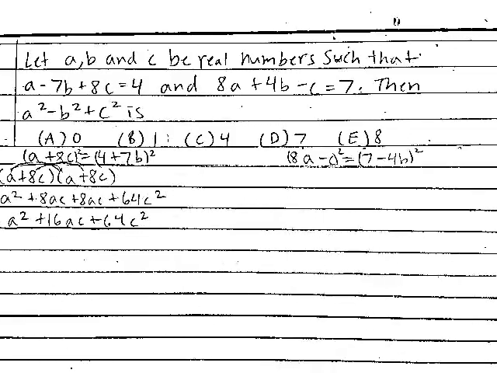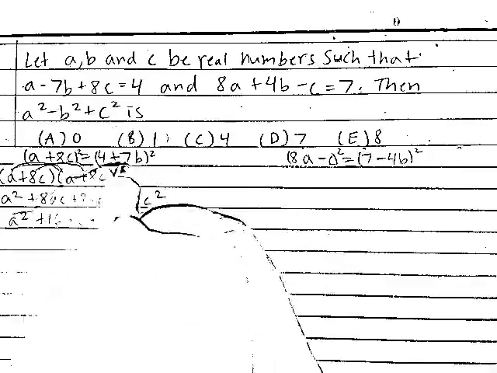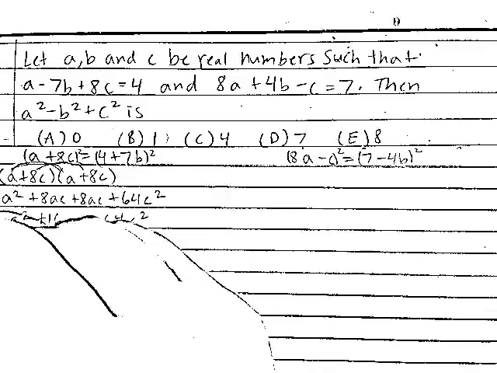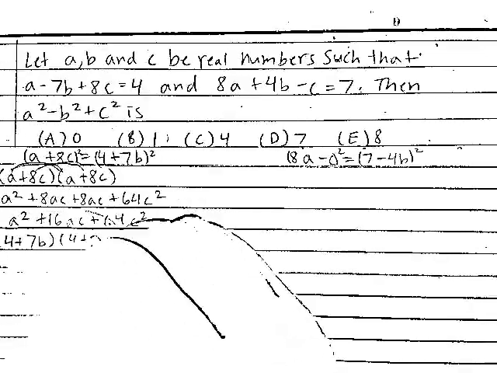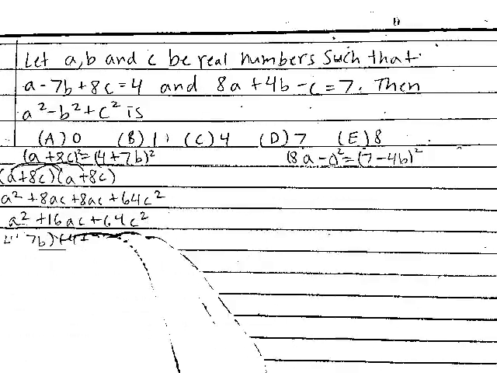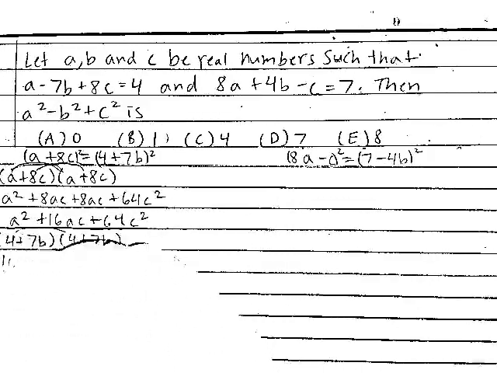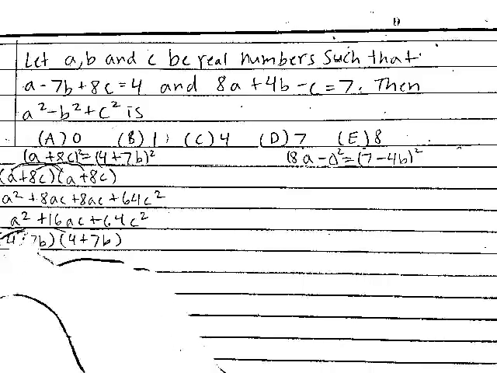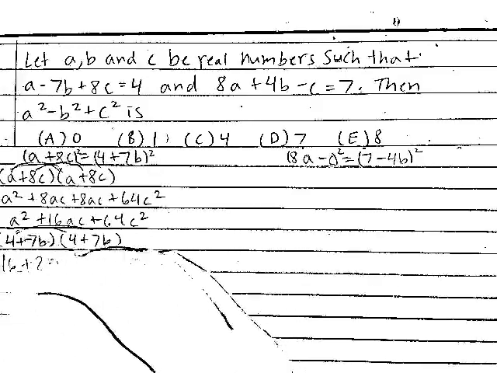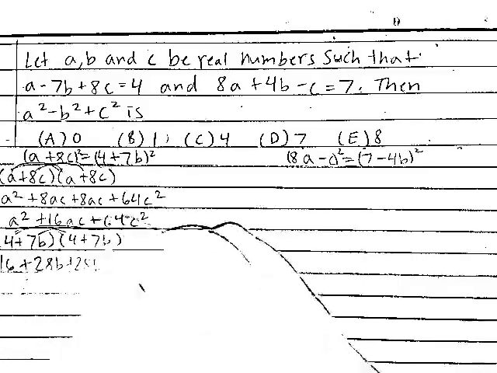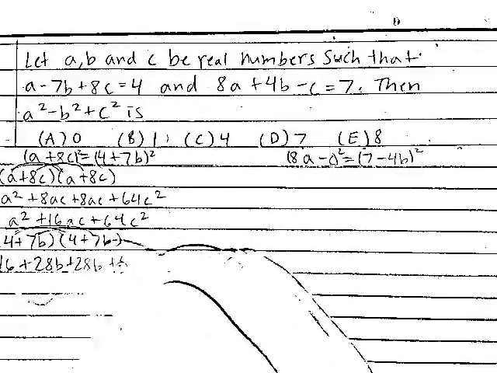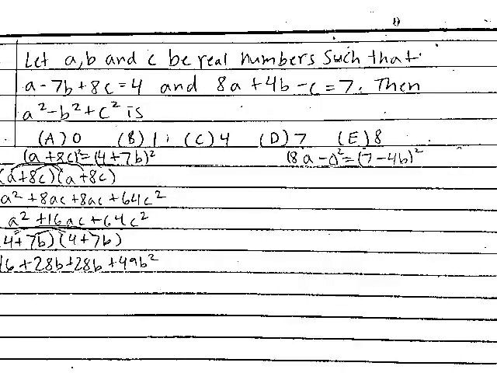And then for this part, it's going to be 4 plus 7b times 4 plus 7b. So first, 16, outer plus 28b, inner plus 28b, and last plus 49b squared.